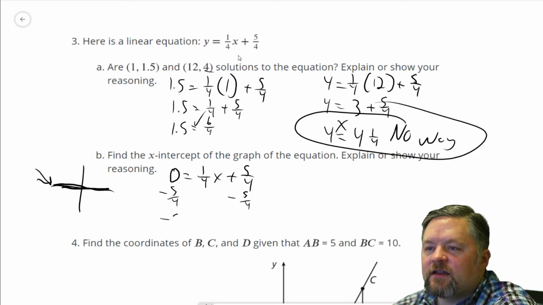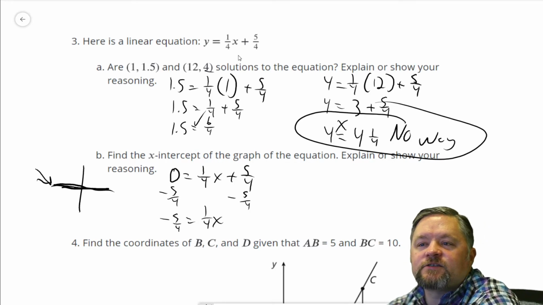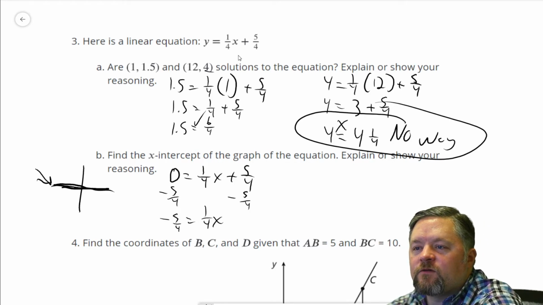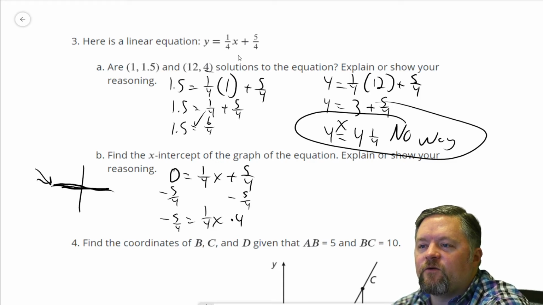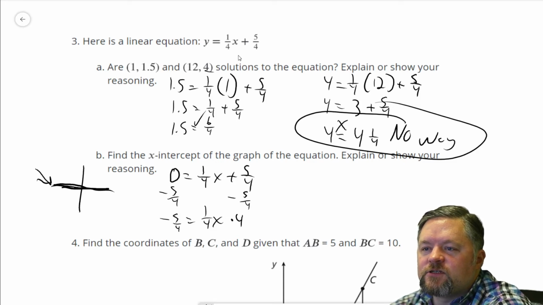So now we have negative 5/4 equals 1/4 x. To get the x by itself, divide by 1/4. Dividing by 1/4 is the same as multiplying by 4, right? So we could just multiply by 4. Do it to one side, do it to the other.